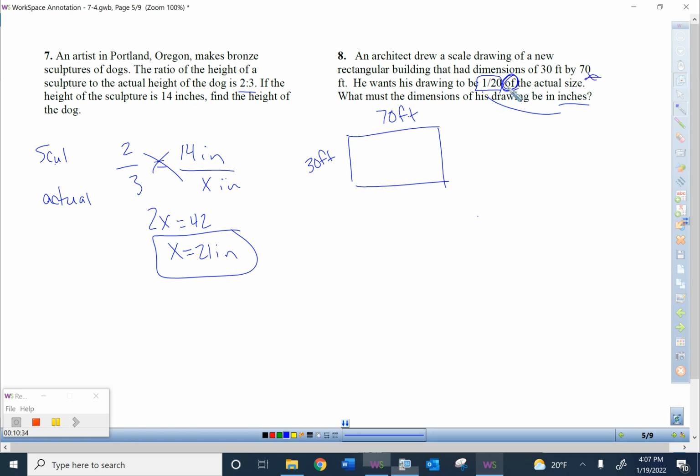So when we say 1/20th of the actual size, just like we would say half of the size, we would take this and divide it by 2. When we say 1/20th of the size, we're going to take this and divide it by 20. Okay, so 70 times 1/20 is the same thing as dividing by 20. It works out the same way. So this is 7/2, is 3.5 feet. Okay, we said the labels had to match since there weren't any.